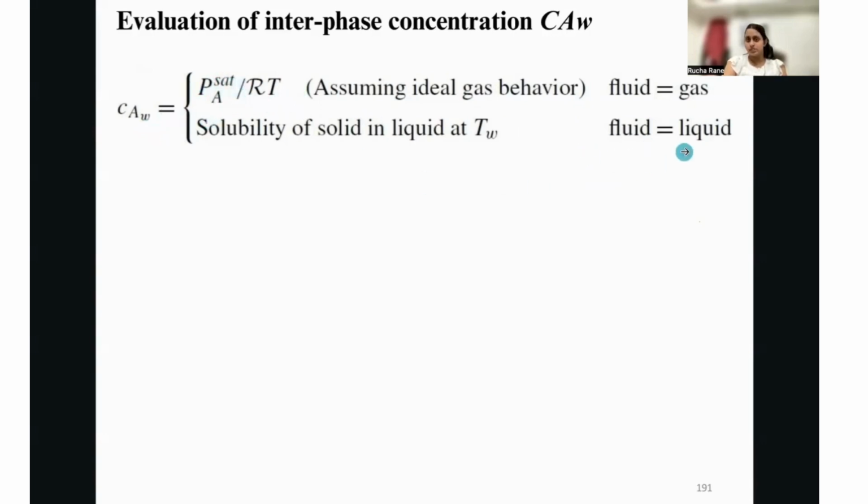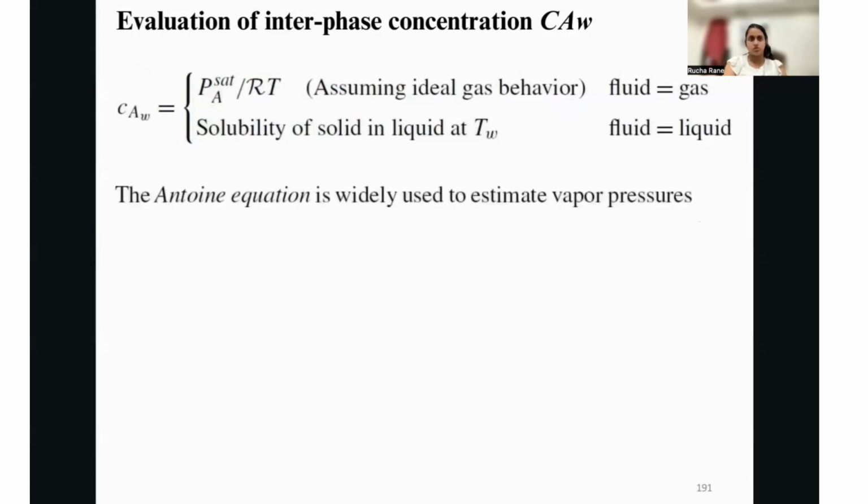But if the fluid is a liquid, then we will consider the concentration at the wall as the solubility of solid in liquid at T_W. This solubility of solid in liquid at T_W can be correlated with Henry's law, which is used for interphase mass flux.